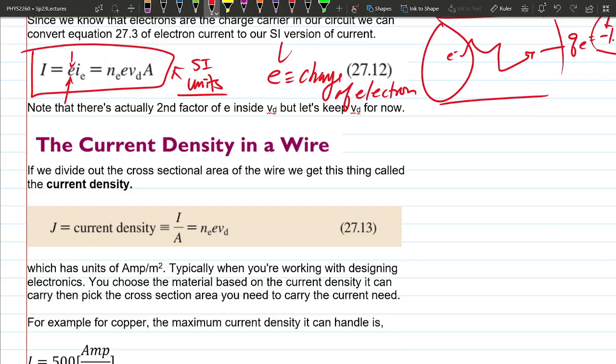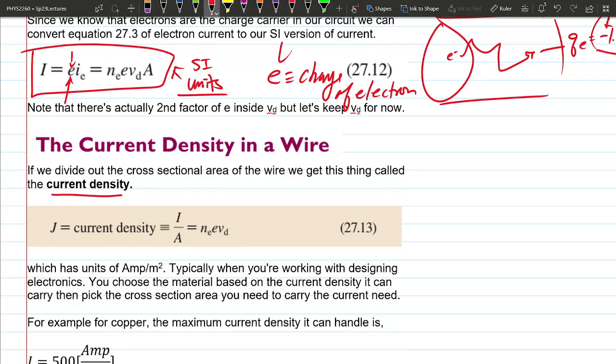Okay? We're going to complicate things a little bit more because it's going to be useful when we're dealing with wires of different sizes. We're going to cover this thing called current density. Current density is just like any other density that you can think about.